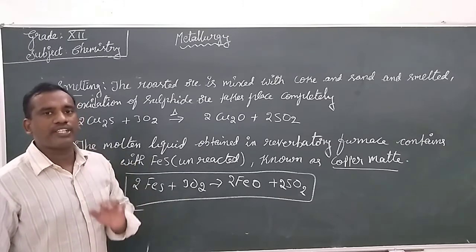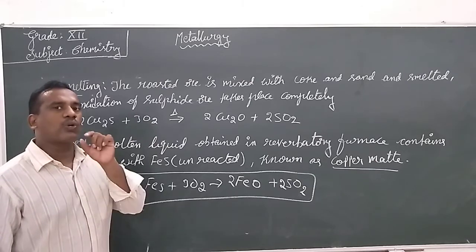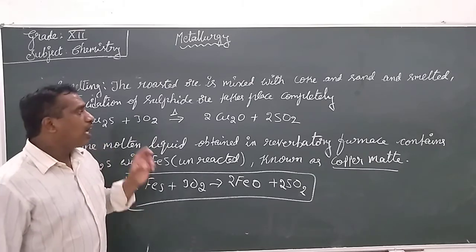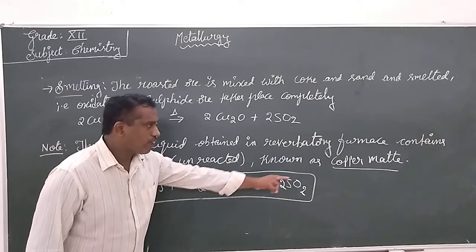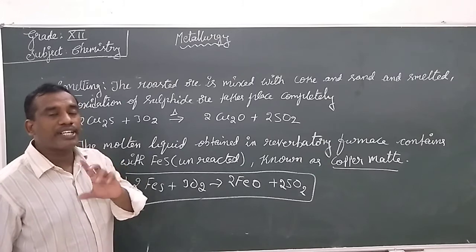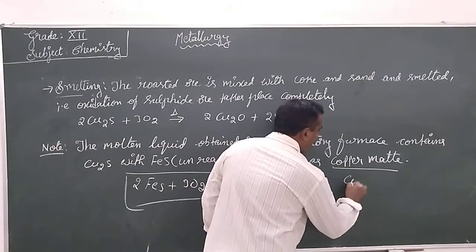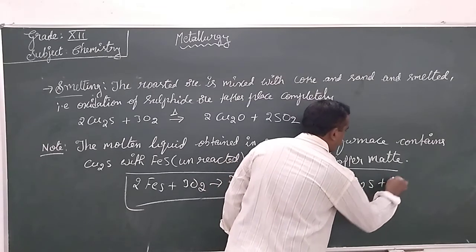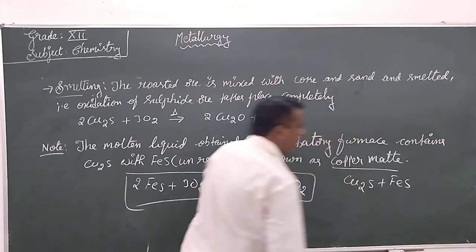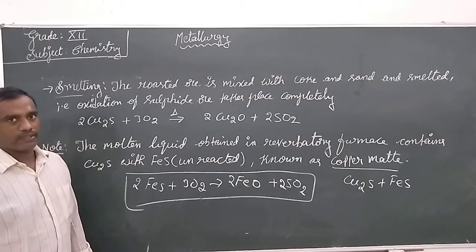These two combinations, Cu2S plus FeS, together we call the copper matte. What do we call the copper matte? Objective question. What is copper matte? In the copper ore, the Cu2S plus FeS is called the copper matte.